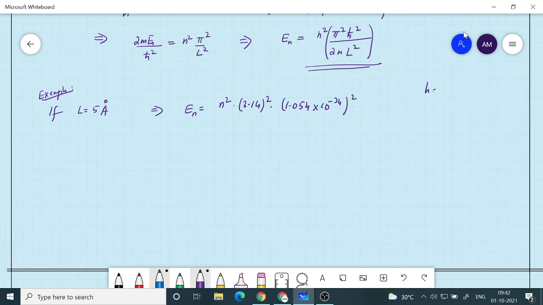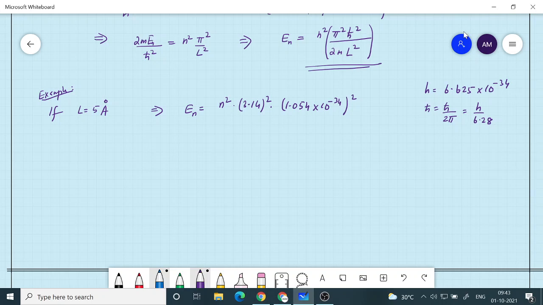So h is basically 6.625 into 10 raised to minus 34, and h cut is basically h by 2 pi, which is h by 6.28. So if you do this, it will come to this.